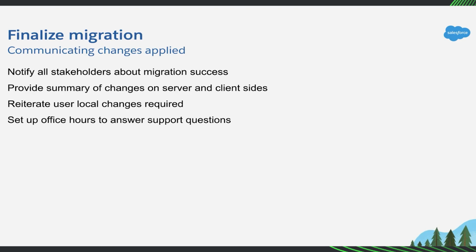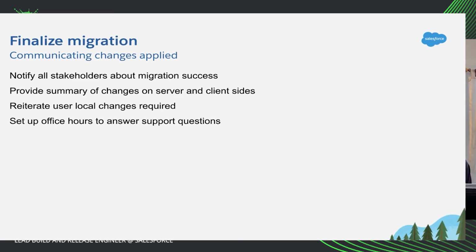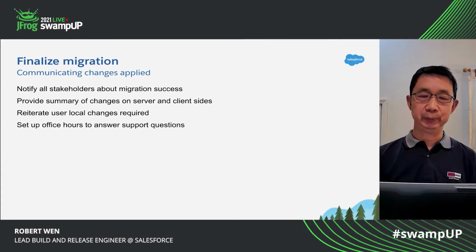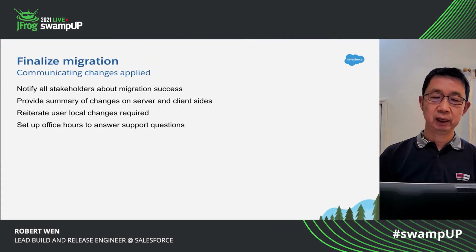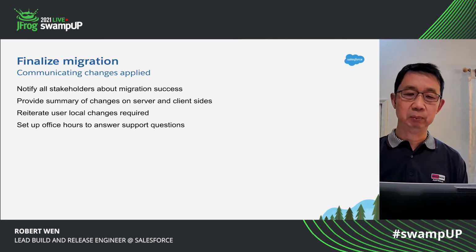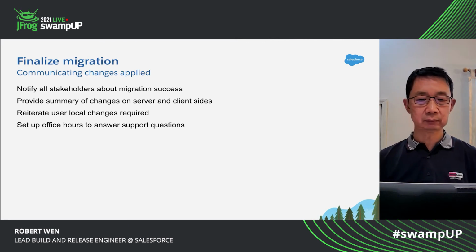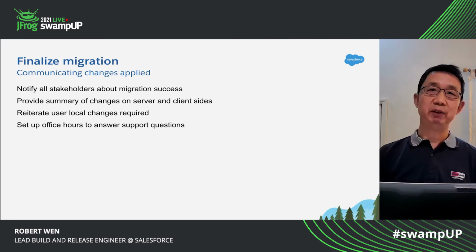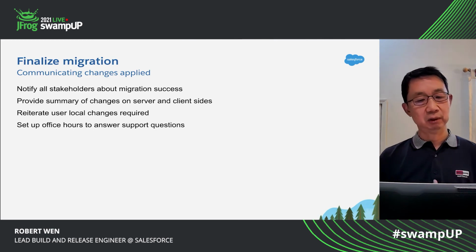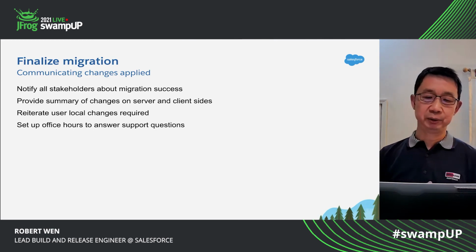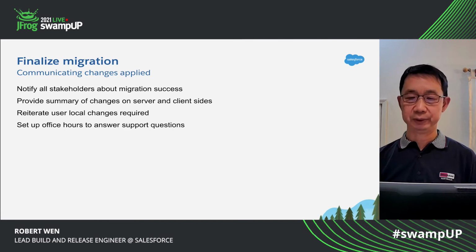So why is this aspect so critical? Well, we have a global development team. It's very important to communicate repeatedly about what changes they need to apply in order to continue their local build. Otherwise, there may be a developer productivity issue. To help support our users, we set up office hours to answer any support questions.